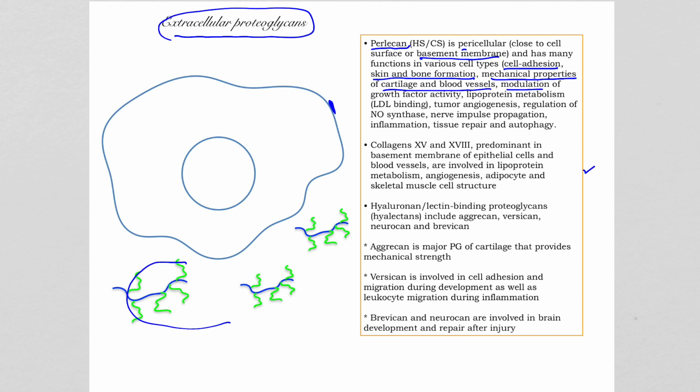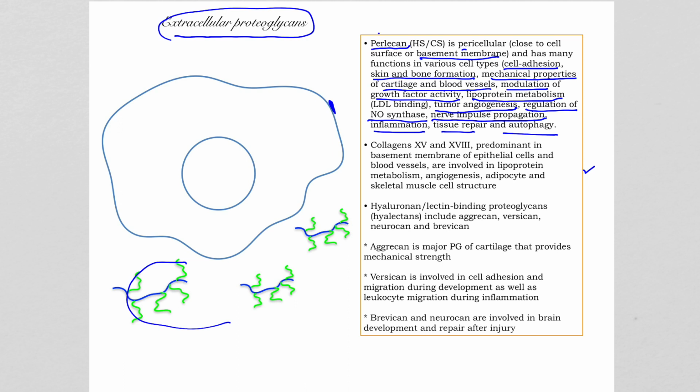It helps modulate growth factor activity. It's involved in lipoprotein binding and metabolism, involved in tumor angiogenesis, growth of new blood vessels, regulates nitric oxide synthase, very important for blood vessels, involved in the function of neurons, inflammation, tissue repair, autophagy.